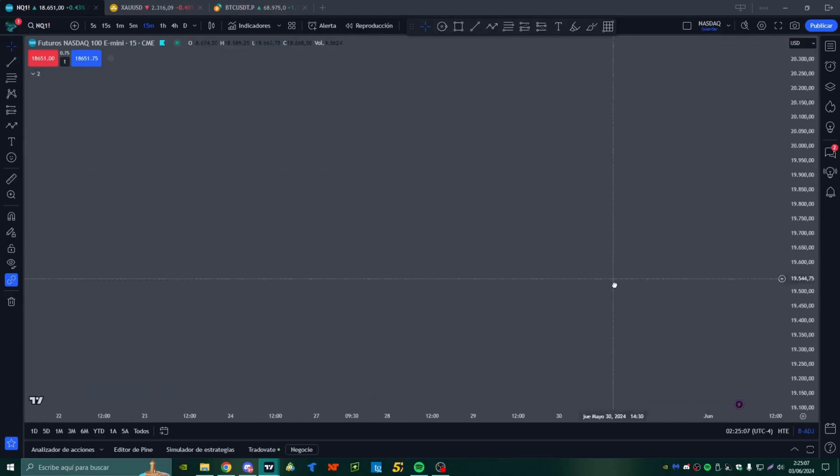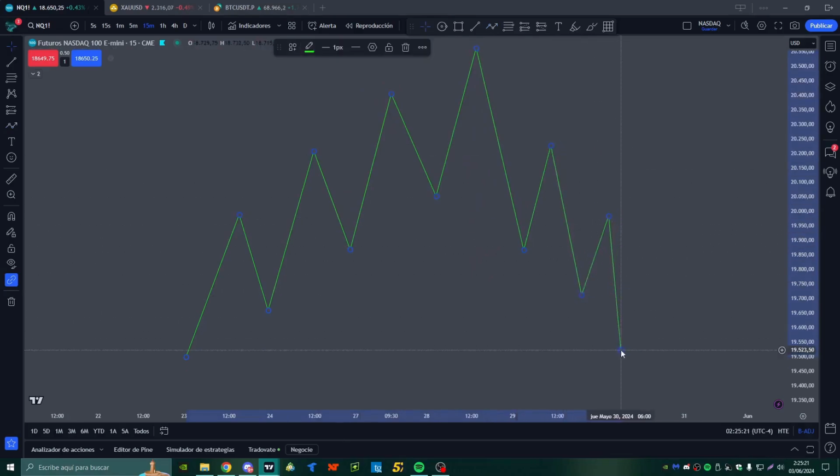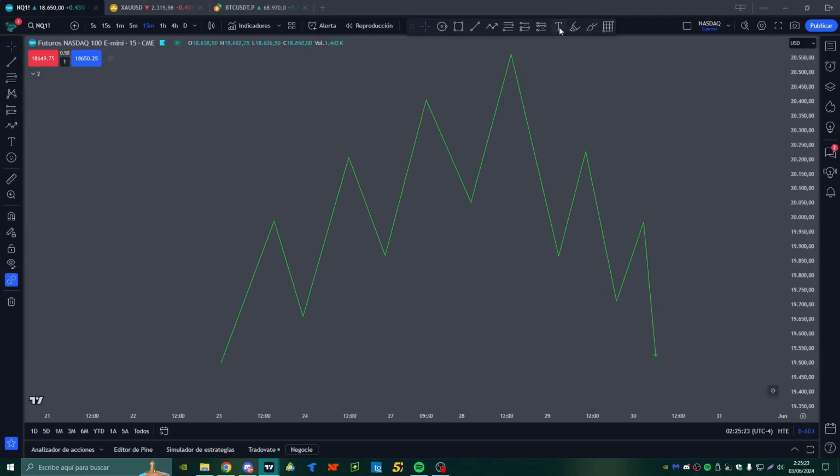So, as we said, the market will never move in a straight line. How are we going to use the structure? If the market is making higher highs, higher lows, in a bullish structure, right?